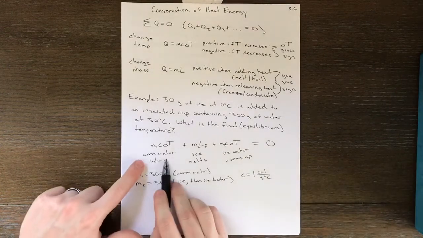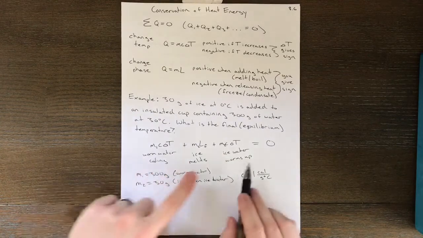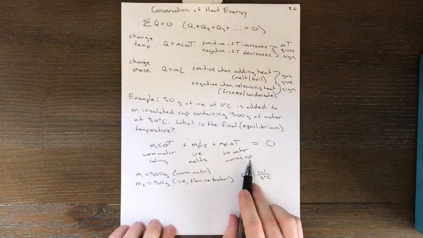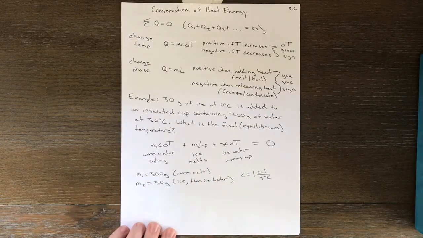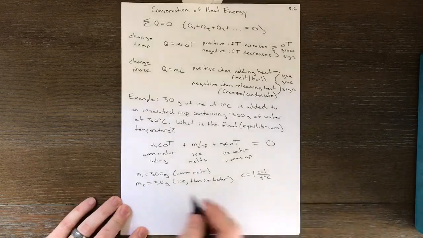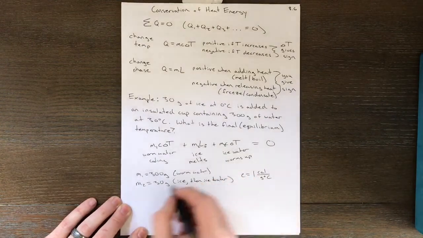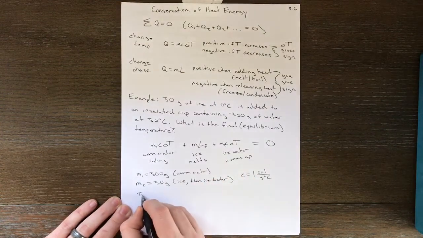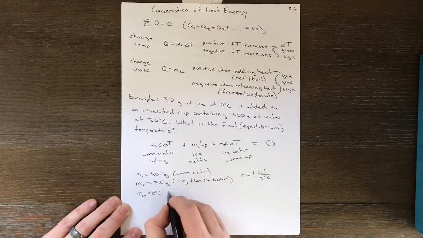But we're both warming up water, having warm water cooling, and then cold water warming up. Both cases it is water, which means we use C. And then what about those temperatures? Well, we know that the ice, what we'll call T2 initial, is 0 degrees.